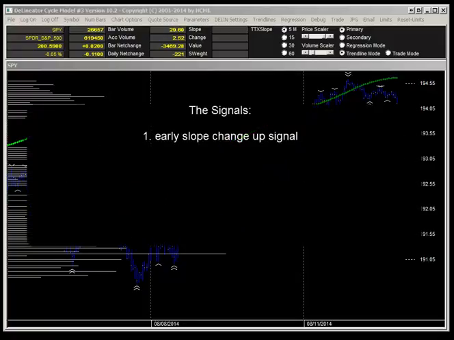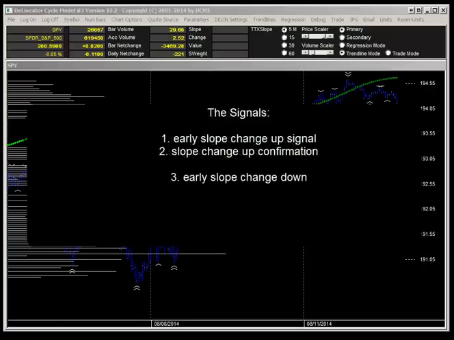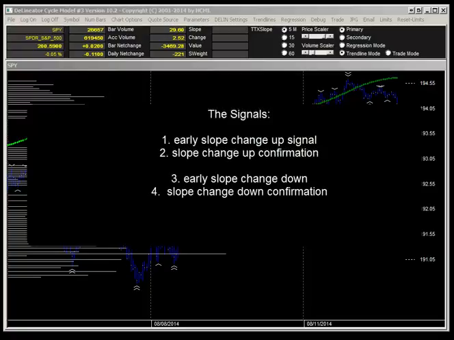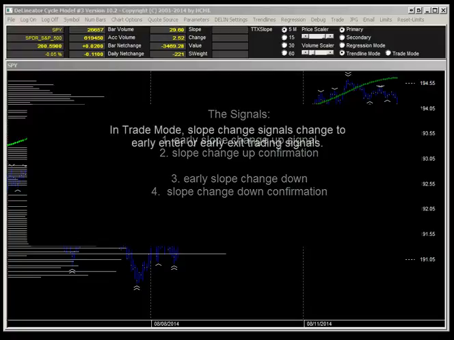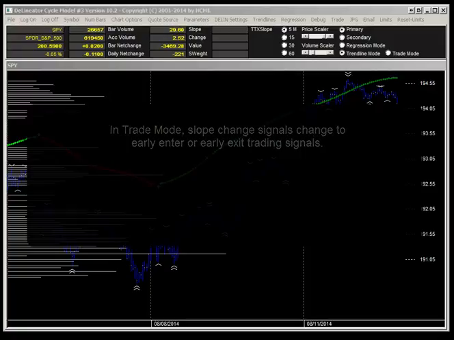The delineator generates an early slope change up signal to give you advanced warning that the delineator is about to change slope, that the trend in the market is about to change. It gives you an early slope change up and then a slope change up confirmation signal. It will also give you an early slope change down and a confirmation of the slope change down signal. When we are in trade mode, however, those early slope change signals are early enter and early exit signals.